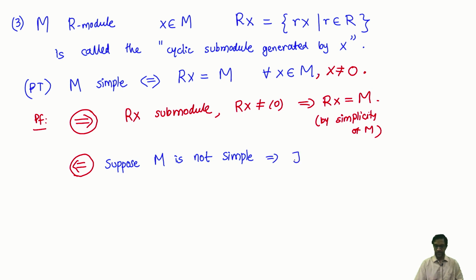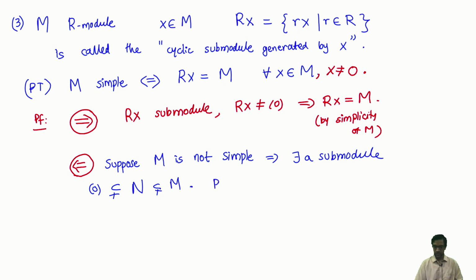That means I can find a submodule. There exists a submodule N of M such that N is neither 0 nor the whole. So it's strictly properly between these two ends. From this I need to get a contradiction somehow.